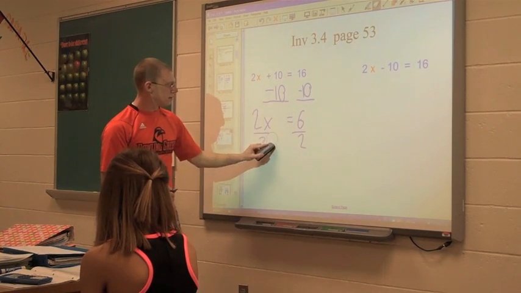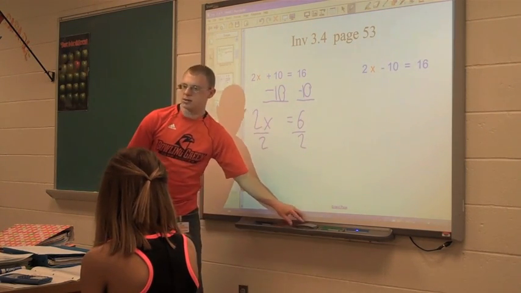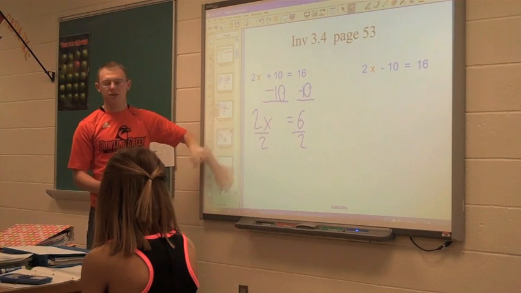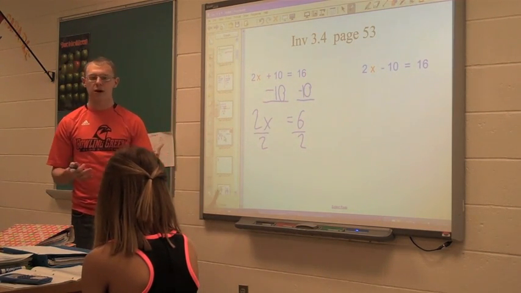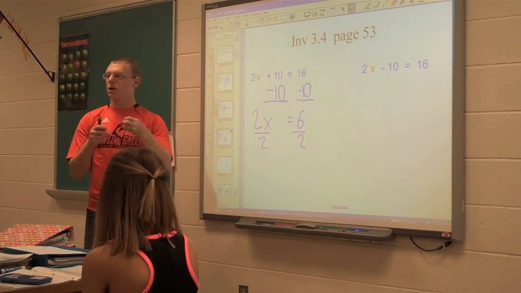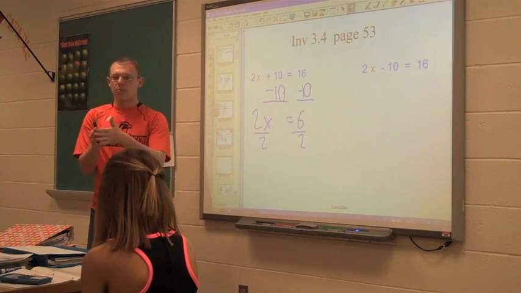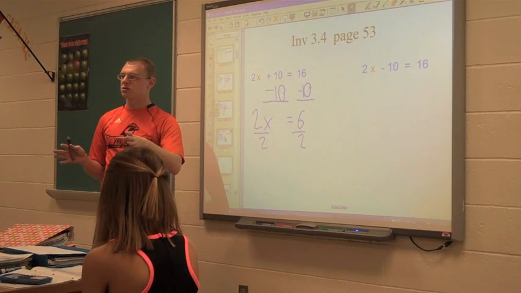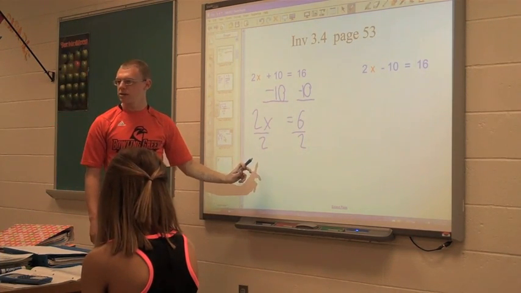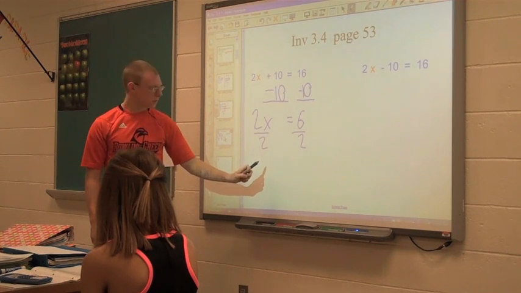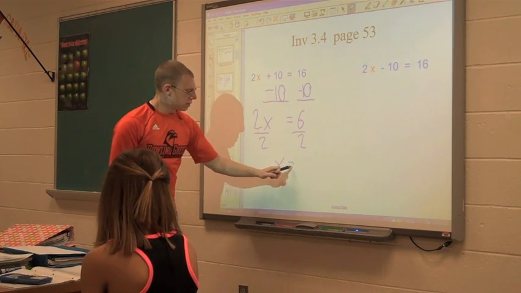So there's no need to divide by 2x, only by 2, to separate these two x's apart. Like if you remember in the coins and pouches problems, you just separated the two pouches and separated the two pairs of coins. So then we would have what? X equals 3.